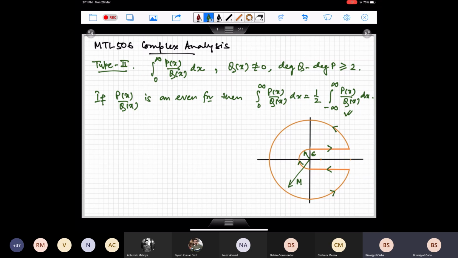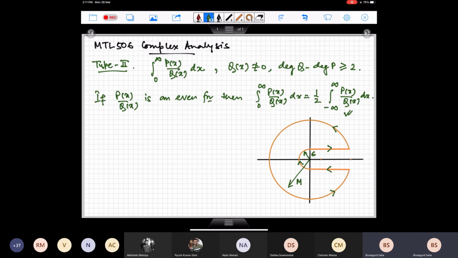With all that information, it becomes relatively easy to deal with things on the circular arc. So if you take this kind of contour, with capital M tending to infinity and epsilon tending to 0, then effectively you can get the integral from 0 to infinity.